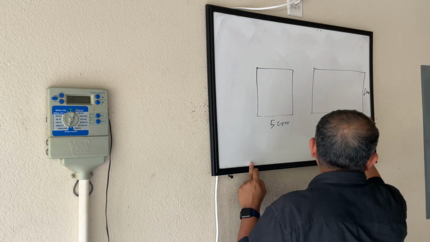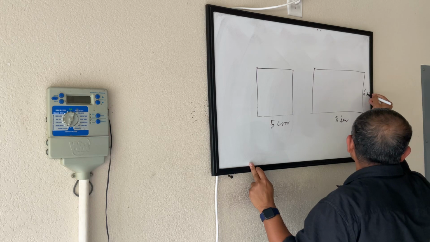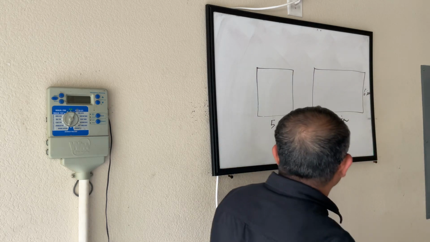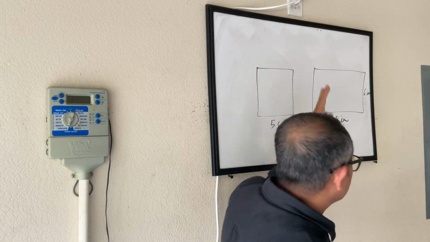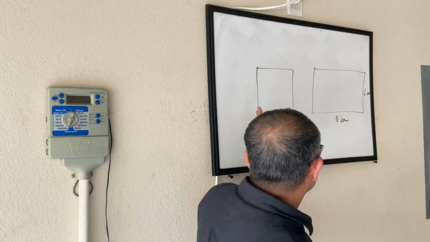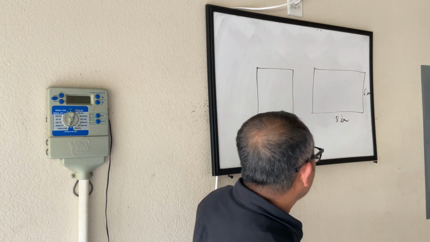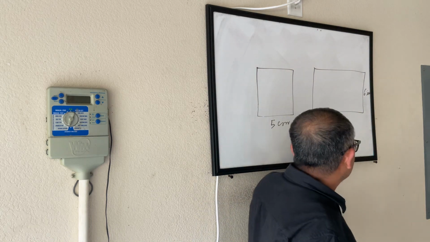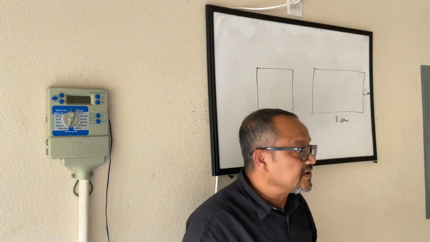I will not say centimeter, I will say inches. I'm giving you the clue that this is a square and this is a rectangle. For the square, I'm giving you only one side, that is 5. For the rectangle, length is 8 inches and width is 6 inches. Can you guys find out the area for both of them?